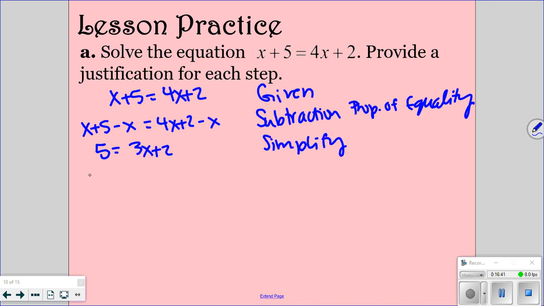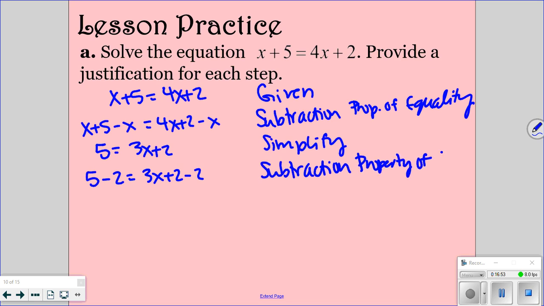From there, I'm going to subtract 2 from both sides of my equation. So again, it's going to be the subtraction property of equality. And then I can simplify to get 3 equals 3x.